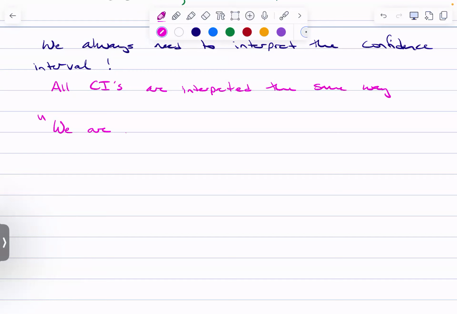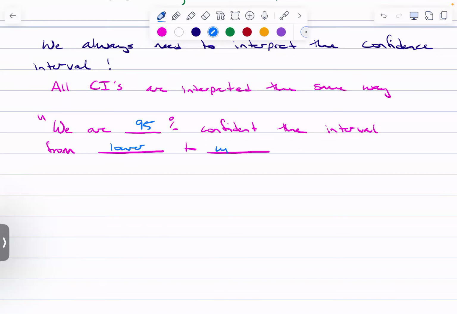Okay. There are going to be some blanks depending on what the question asks you for. So we are some percentage. In our case, we built a 95% confidence interval, and so we are going to be 95% confident the interval from the lower value to the upper value.